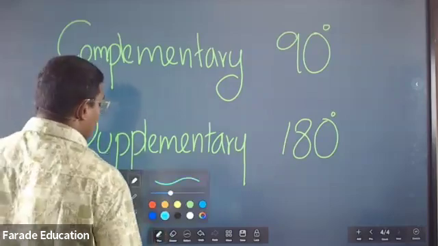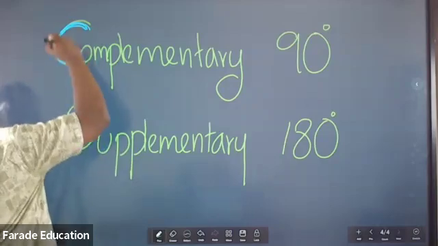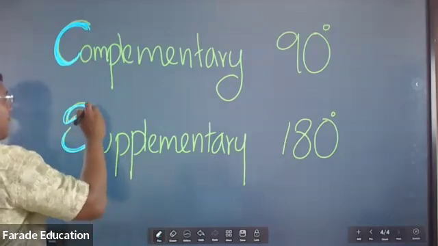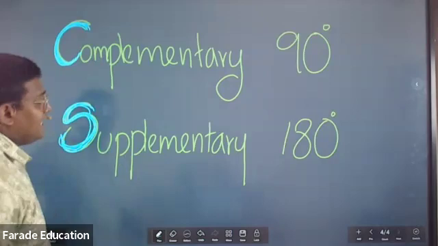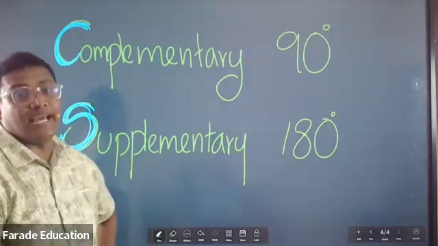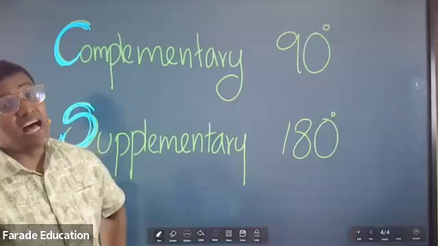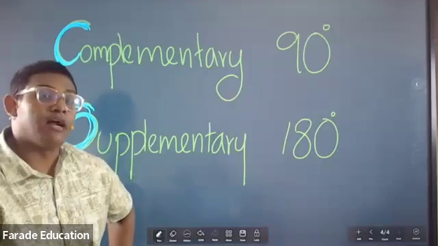In the alphabetical order, letter C comes before S. A, B, C, C is before D, E, F, G, H, I, J, K, L, M, N, O, P, Q, R, S. S is last, almost at the latter part. C is in front.